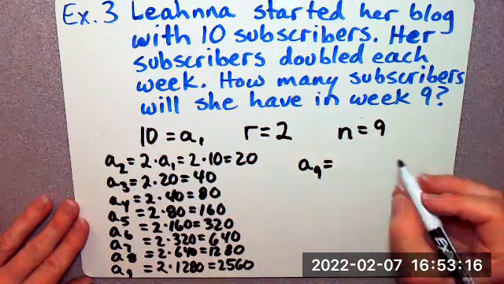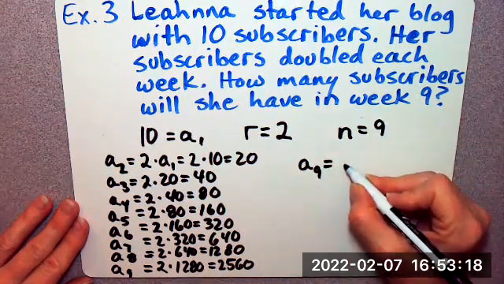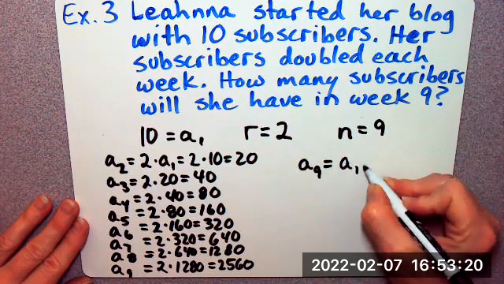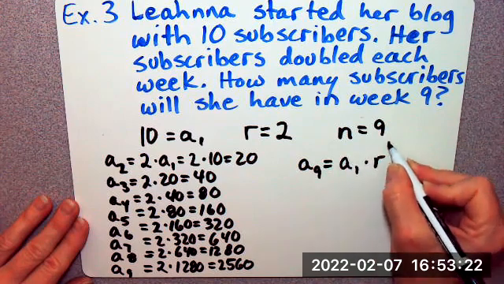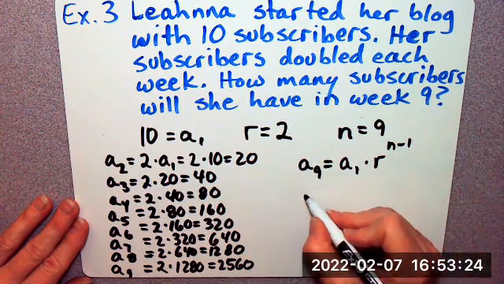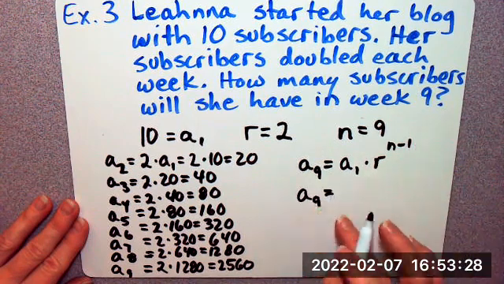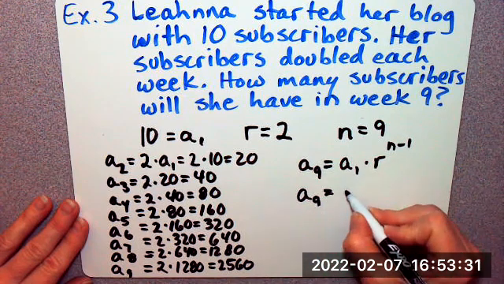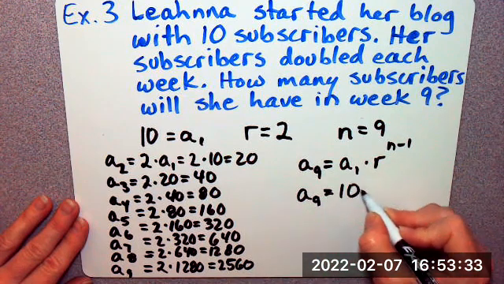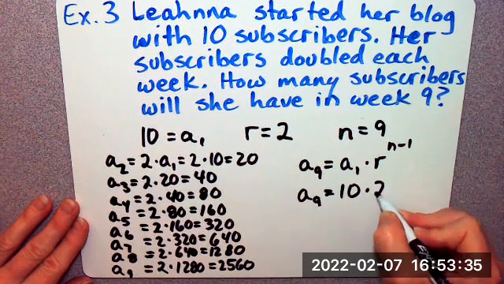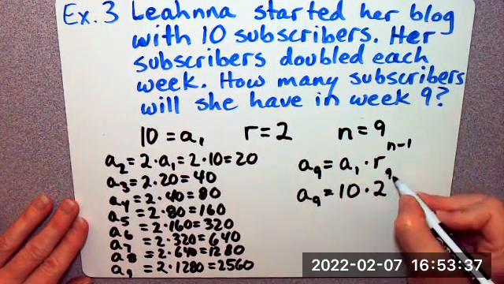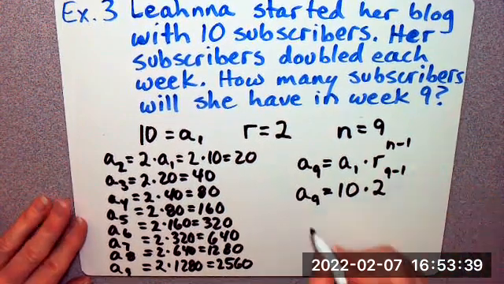Okay, so then we start with A1, which is A1 times R to the n minus 1. So that's a 9 there. And then that's 10 times 2, and then we're going to put 9 minus 1.